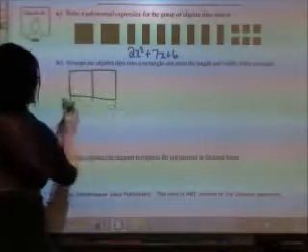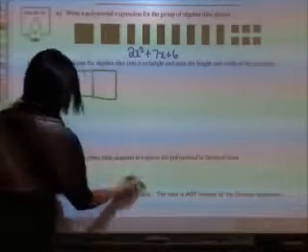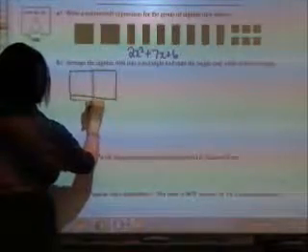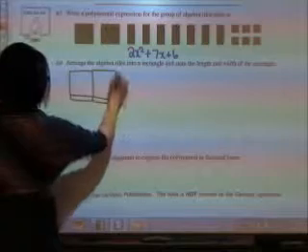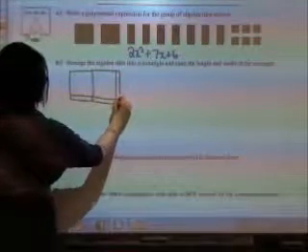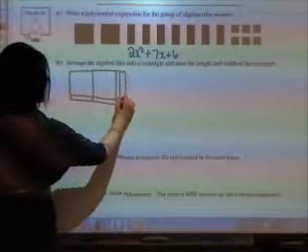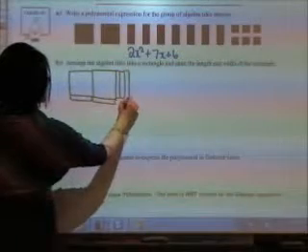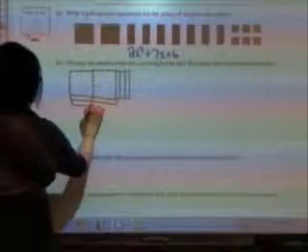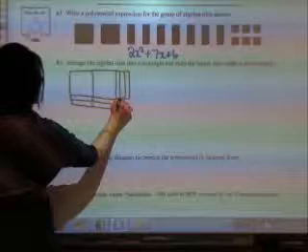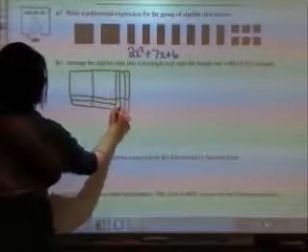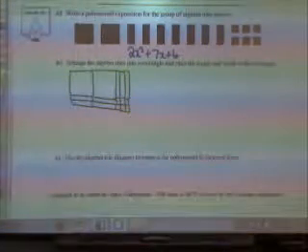Make those skinnier to make them look like an actual rod. And then I had 3 rods, 2 more right here. So there's my 7 rods. And there were my 6 little tiles.